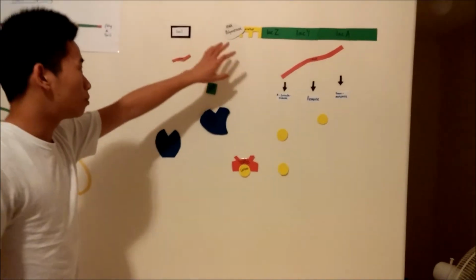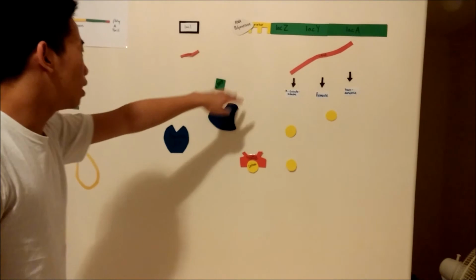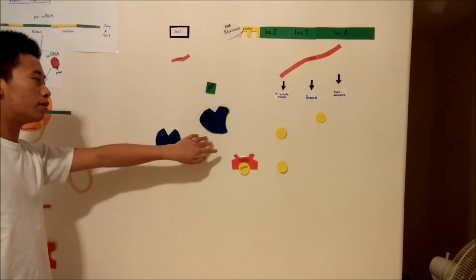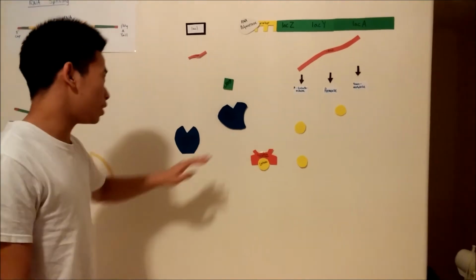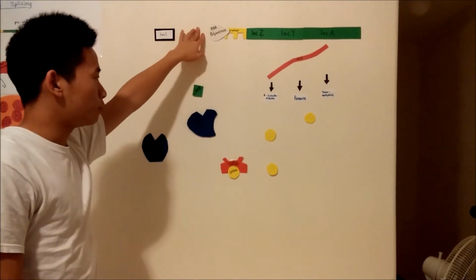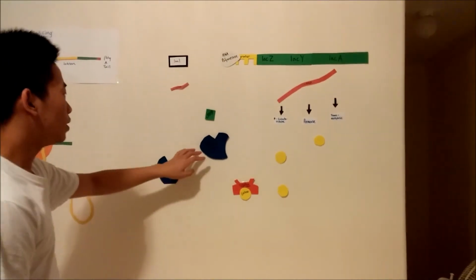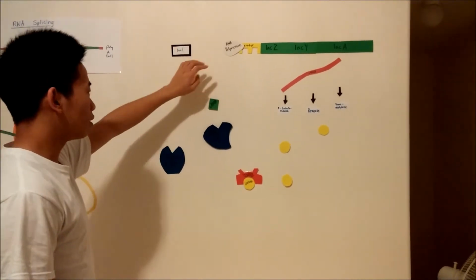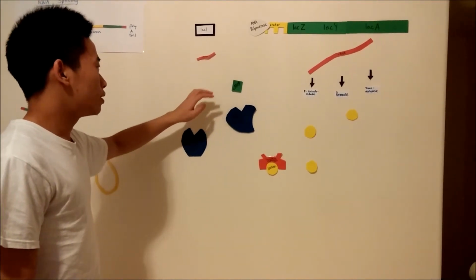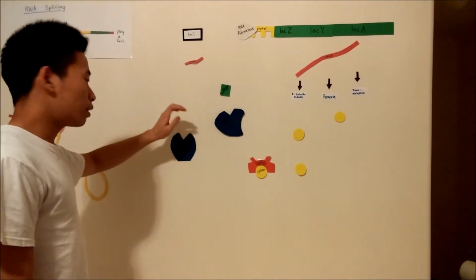Now the CRP operon. On the lac operon, RNA polymerase needs the help of a protein called cyclic AMP receptor protein, or CRP, to bind to the operator in order to stimulate transcription. But CRP can only bind if it is activated, and it's only activated by cyclic AMP.